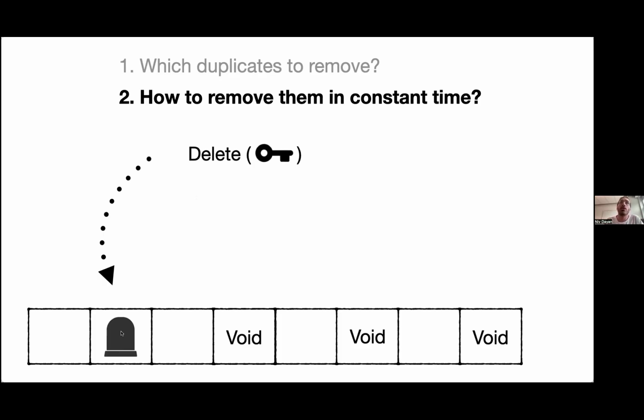The tombstone ensures that if we query for this key again, we're still going to go to this slot, because this is the slot that should contain that key, and we're going to find a tombstone. And if we find a tombstone, we can return a negative. So this is good because now subsequent queries can say that the key doesn't exist if we deleted it.